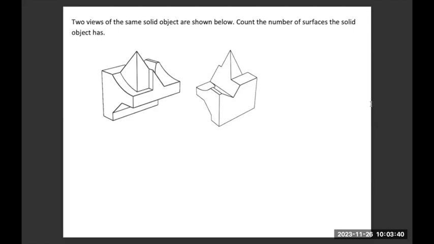Tanvi, wrong answer. Tisha, correct answer. Heer, correct answer. Shimoli, wrong answer.